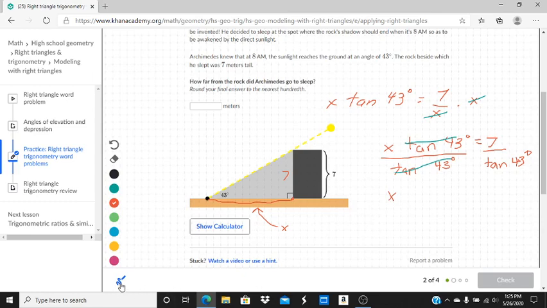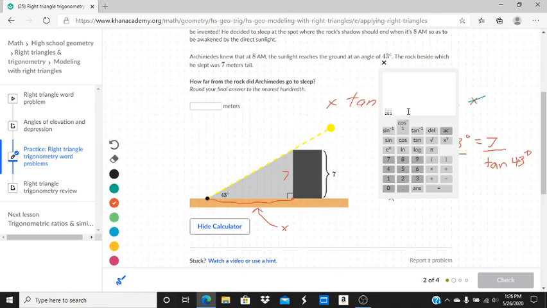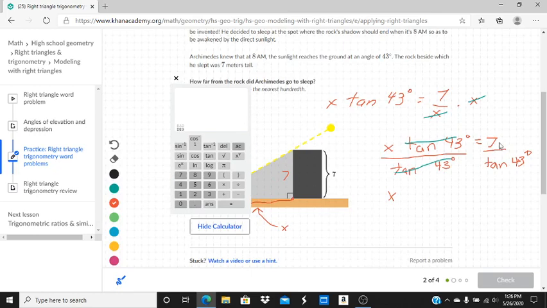Well, now we have to take out our calculator. We're going to say x equals 7 divided by the tangent of 43 degrees. We want to make sure we're in degrees, which we are. Okay, so that's going to give us, rounding to the nearest hundredth, 7.506.